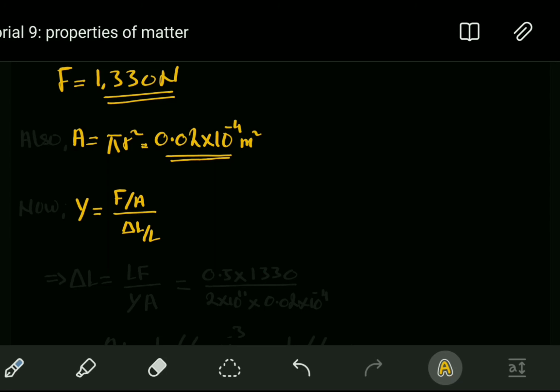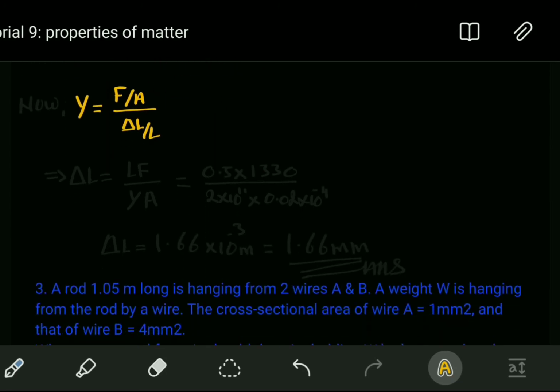From this expression we find an expression for the extension, or elongation, of this wire. The extension equals length times the force over Young's modulus times the area. We know the length, the force, the Young's modulus, and the area. So we simply substitute the values.